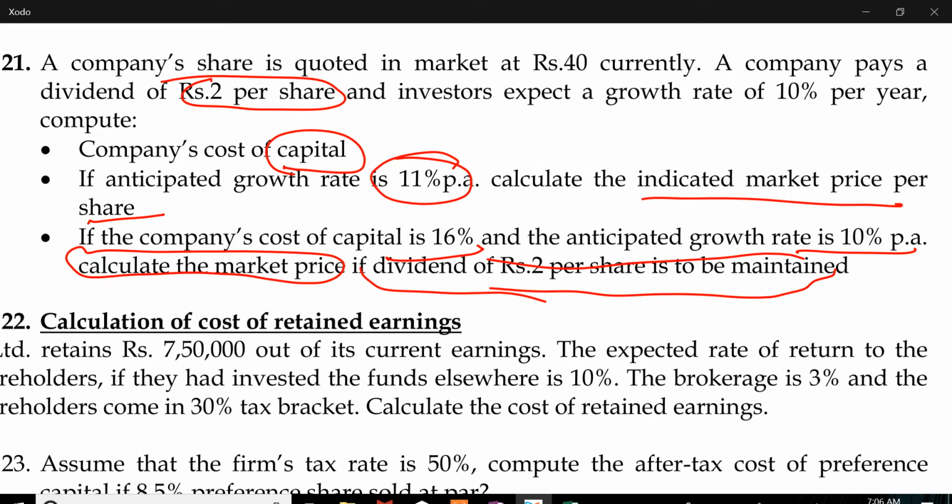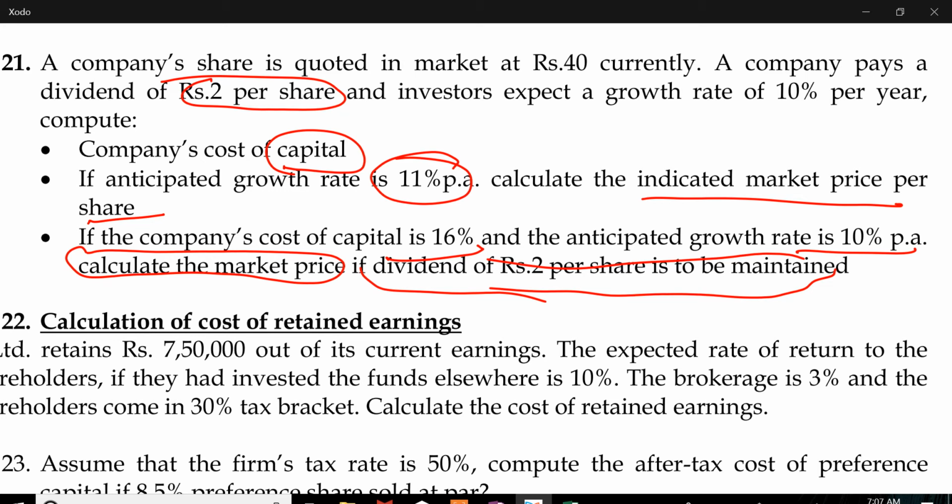Now, cost of retained earnings, KR, will be equal to KE, except for two scenarios. One, if there is a flotation cost in a problem, then the formula will change. Why? Because when you are issuing shares, there is a flotation cost, but when you are retaining money, there is no concept of flotation cost.